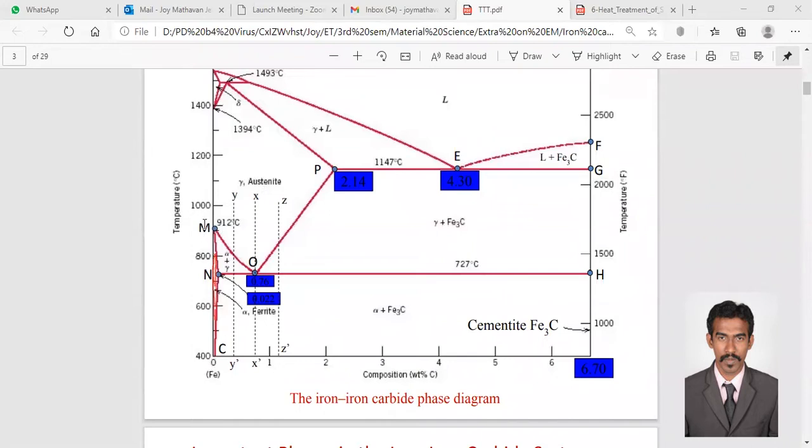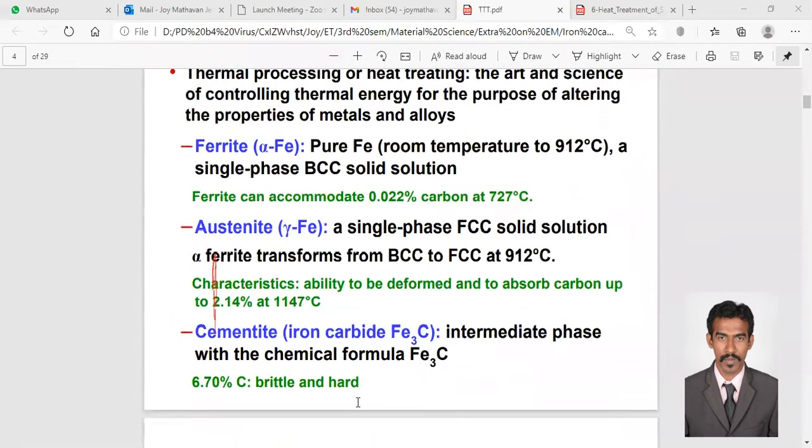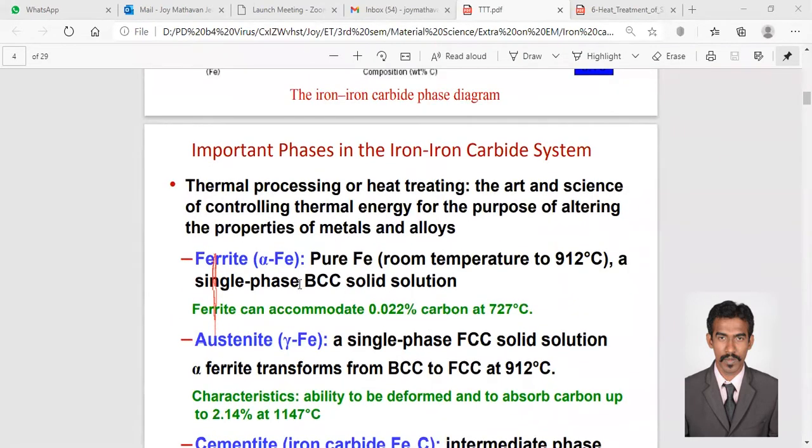At 912 degrees Celsius, this alpha is turning into gamma, which means the structure is completely different. The alpha is of BCC structure, while the gamma is changing to FCC structure.